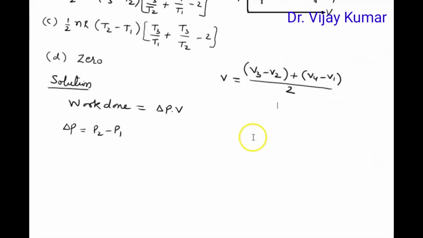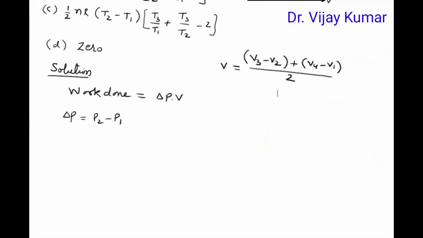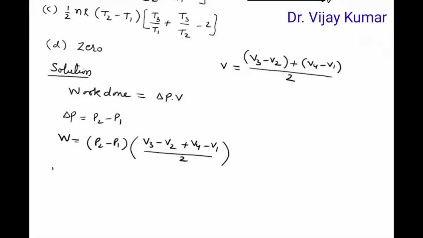So work done, if we consider work done is W, then W equals delta P, that is P2 minus P1, times V, which is V3 minus V2 plus V4 minus V1 upon 2. Now we discuss process 1 to 2, which is an isochoric process.